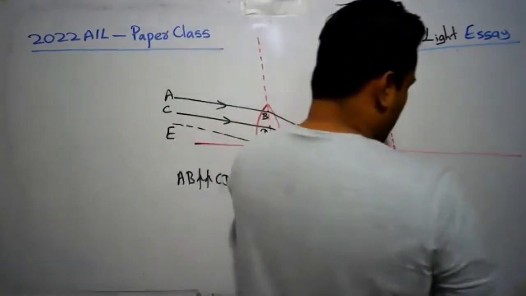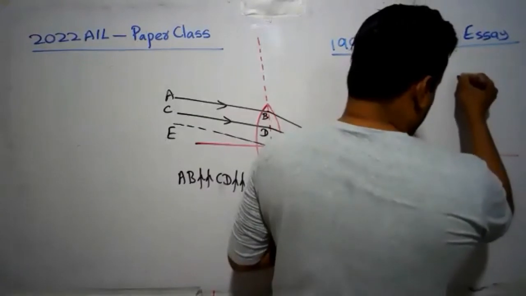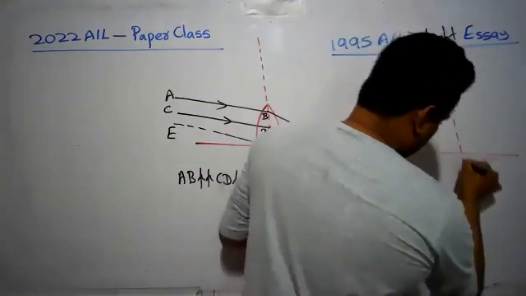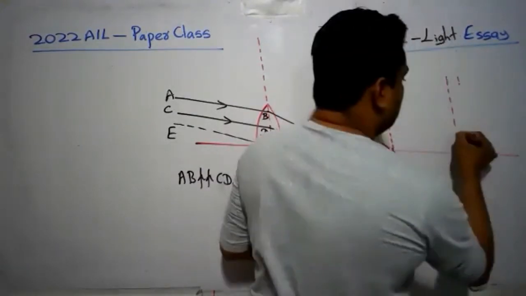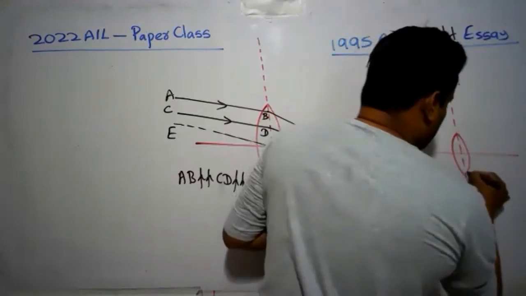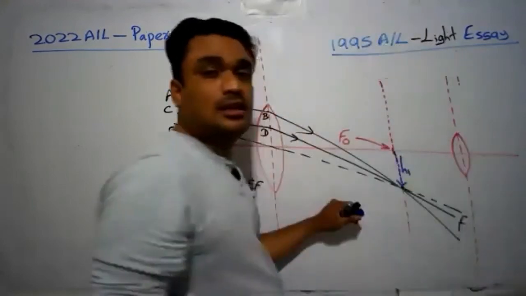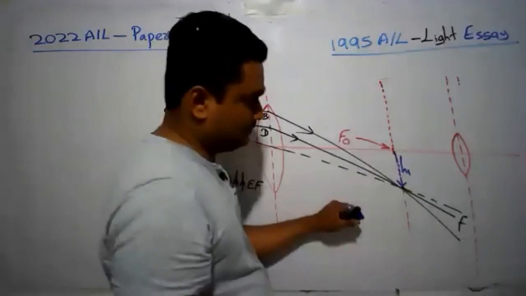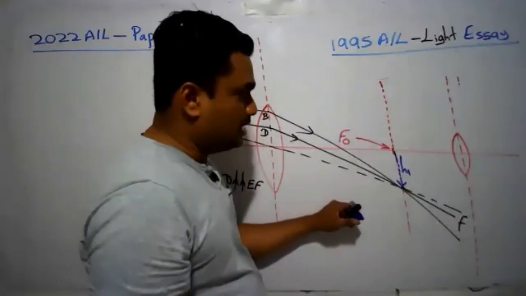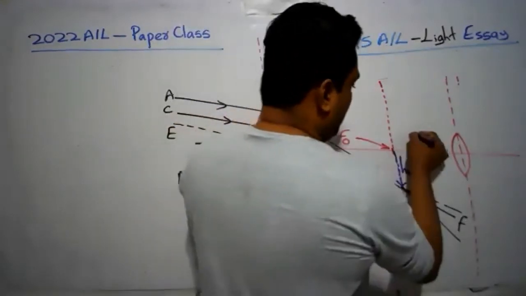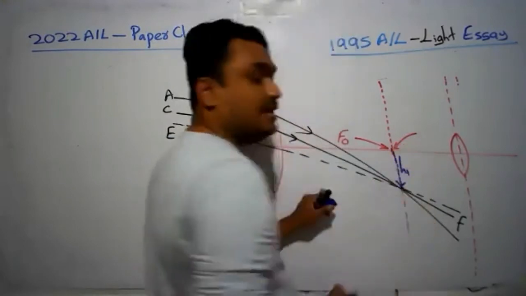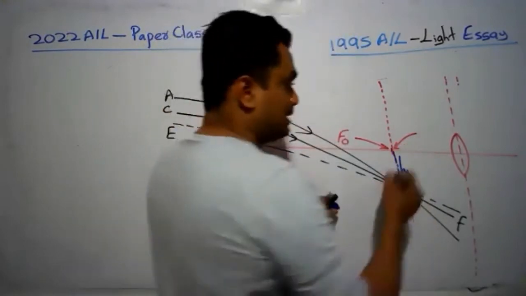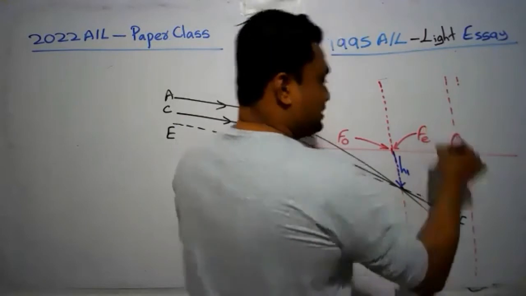After that, we have to draw the eyepiece lens. When a telescope is in normal adjustment, the focal point of the objective lens and the focal point of the eyepiece lens should be at the same point.